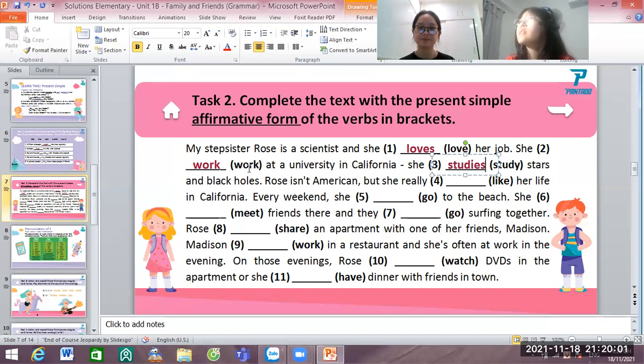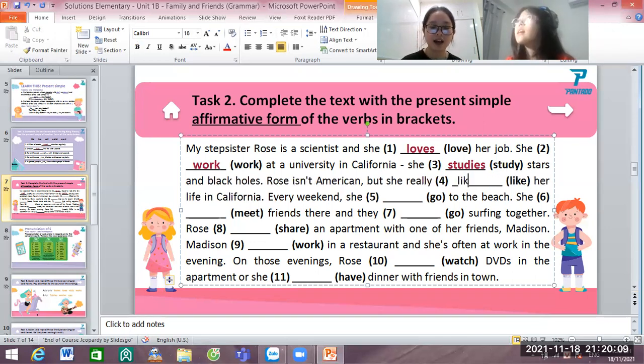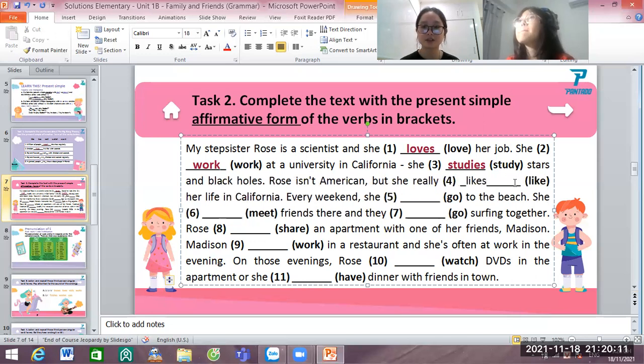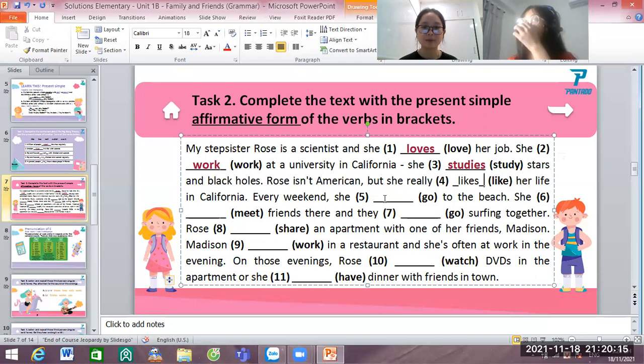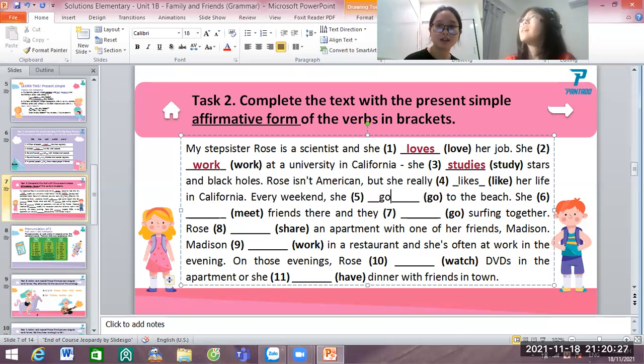Is that right? Yes. Okay. Number 4. She really likes. Good. Okay, number 5. Goes. Do we add S or ES? We add es.